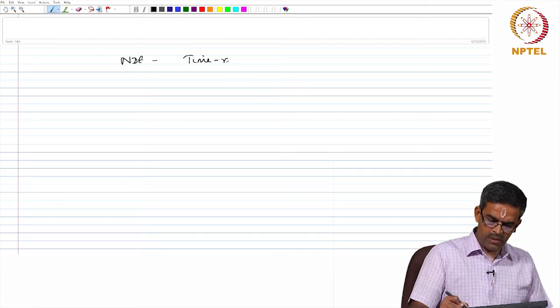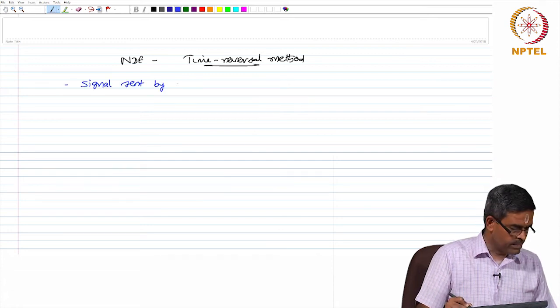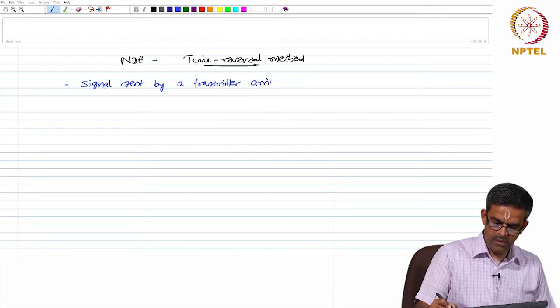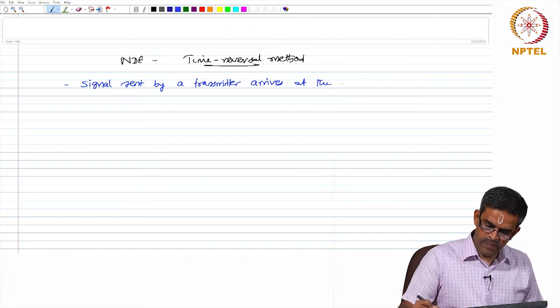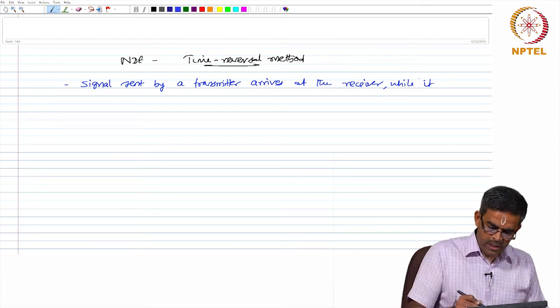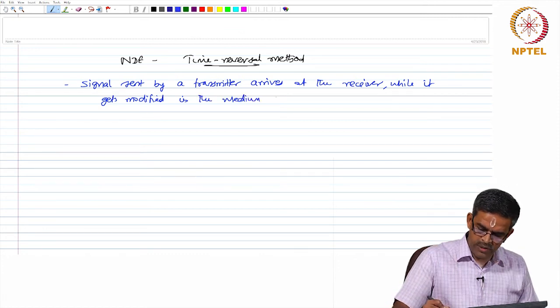Time reversal method, while it gets modified in the medium through which it travels.